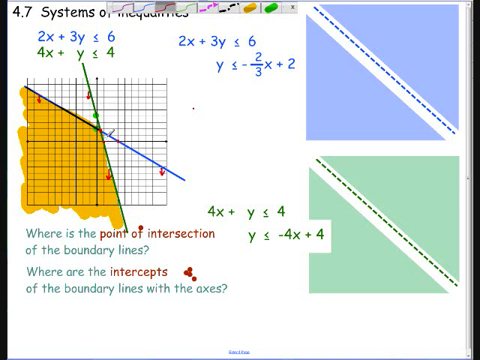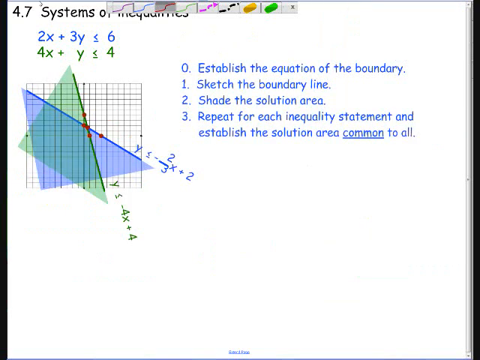Here's another one. We've got one here, which we've already marked, and here, which we've already marked. But probably the critical one is this, where the boundary lines meet, because this is a vertex of your solution space. Those are going to be important, not in today's lesson, but in the next one.